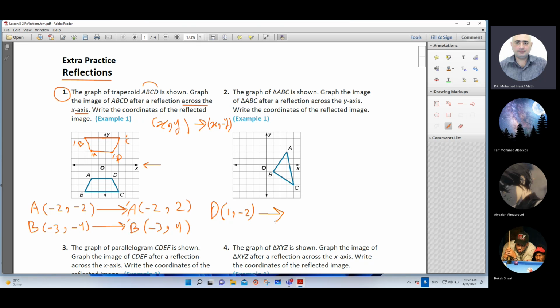So the reflection across the x-axis will be D prime. Keep the same x, 1, and take the opposite y, which will be 2. And what is C?